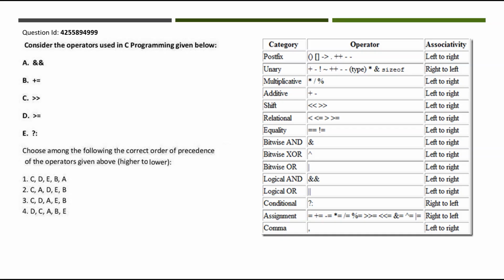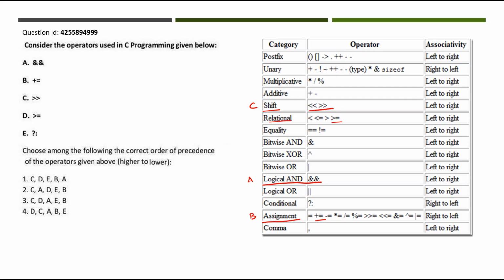Double ampersand is for logical and. This is A. Then we have plus equal to, this is actually assignment. It is present here. So this is B. We have 2 greater than symbol which is actually shift operation. So this will be shift which is C. Then we have greater than or equal to, this is relational operator.